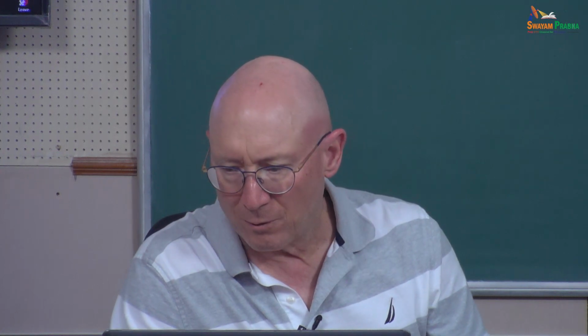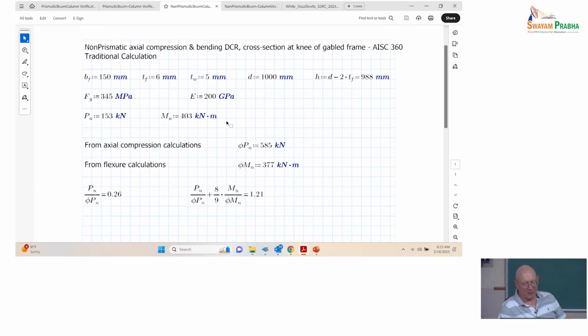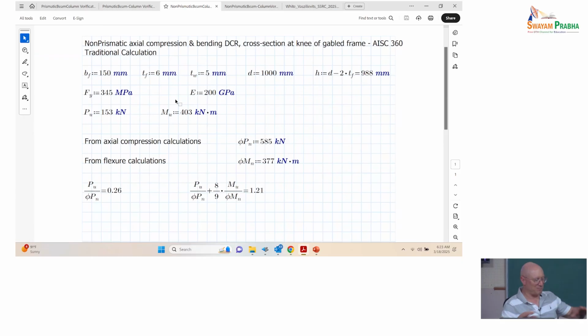So let's go back and let's look at the non-prismatic beam column. Now, traditionally, and in Design Guide 25, we would say, okay, carve out that member, and let's do a special analysis.